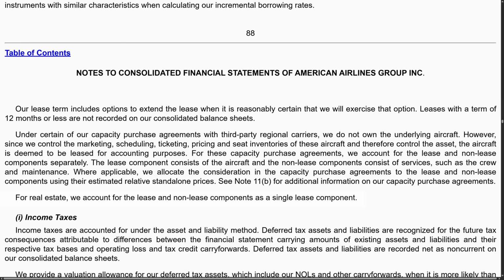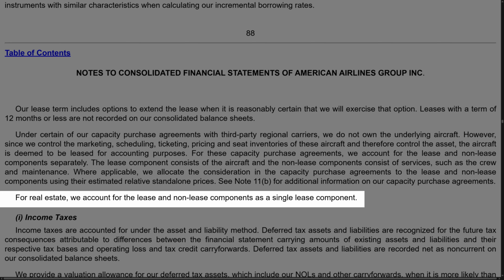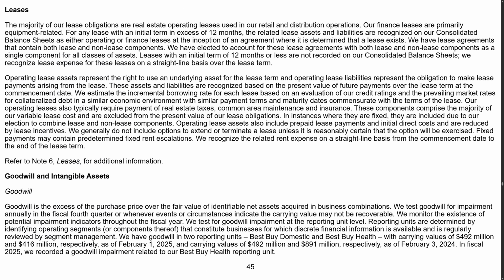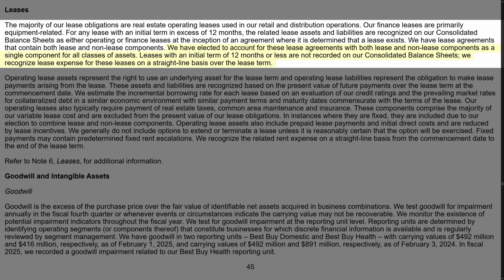They also elect to combine lease and non-lease components for real estate leases. Then if we flip to Best Buy quickly, they take a similar approach, noting that they also elect the short-term lease expedient and the practical expedient to combine lease and non-lease components whenever possible.